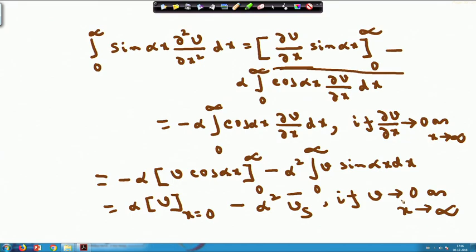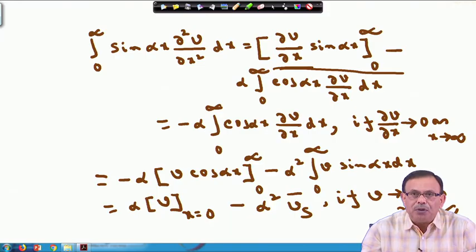Therefore, whenever I want to take the sine transform of a particular variable with respect to x, I have to know that v approaches 0 as x approaches infinity and del v del x approaches 0 as x approaches infinity.